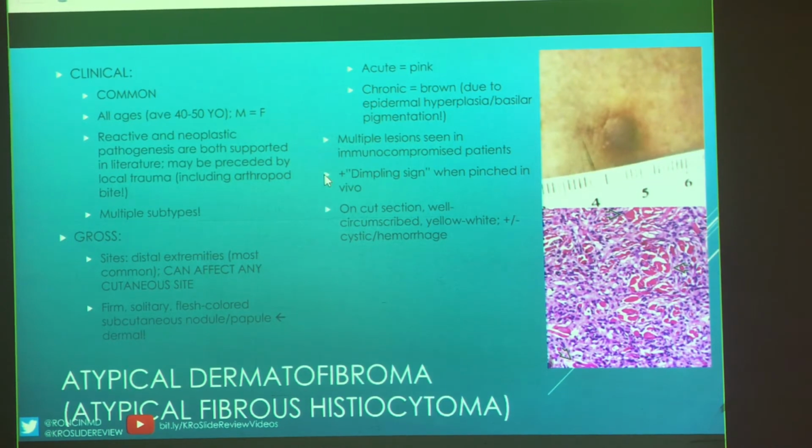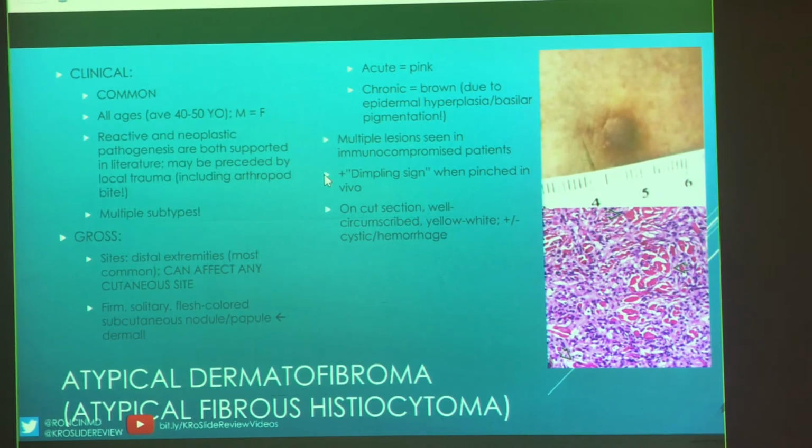In immunocompromised patients, you can often see multiple dermatofibromas, and they have what's known as the dimpling sign when they are pinched in vivo. So if you're on, let's say, a dermatology rotation and they're in clinic, and they ask you to pinch the lesion to check for dimpling sign, that's what they're worried about, is if this is dermatofibroma.